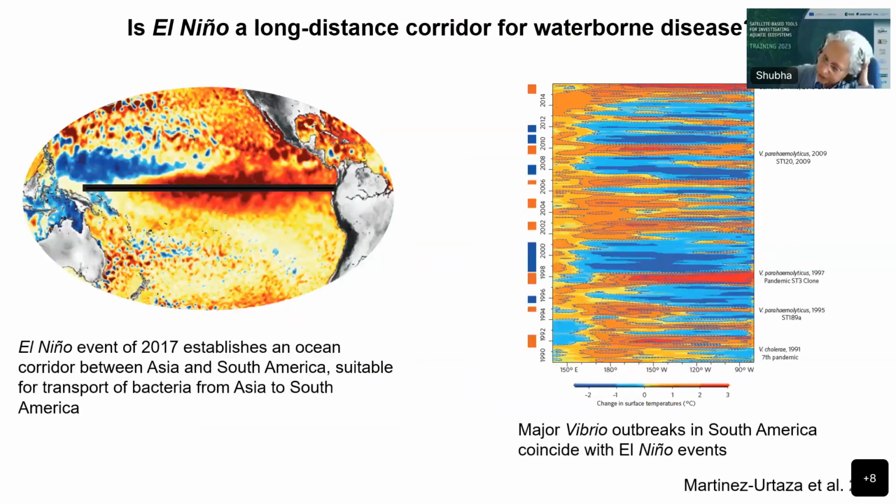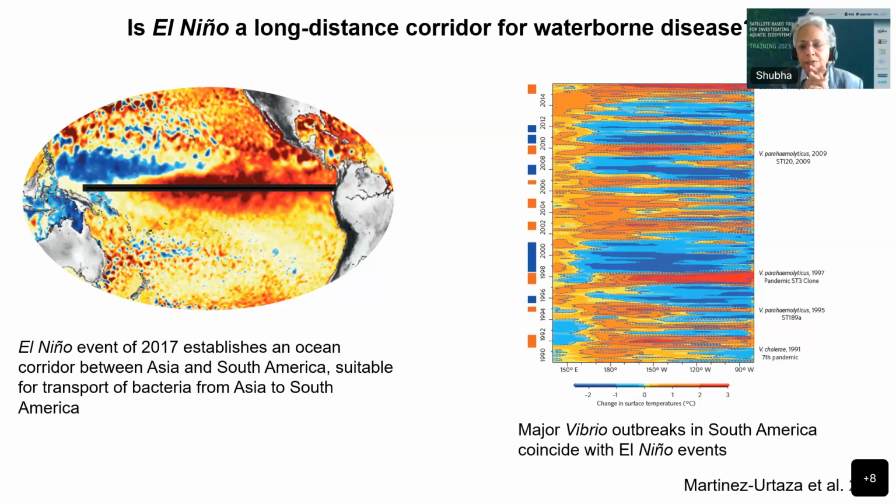Now, we've been talking about short-term predictions, and I want to spend my last few minutes looking at the big picture and the predictions over years, shall we say, related to climate change.